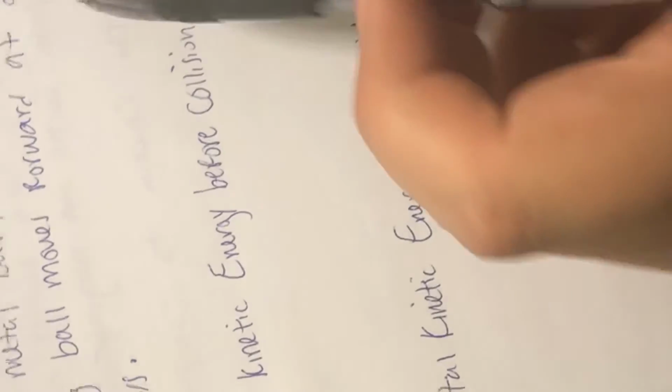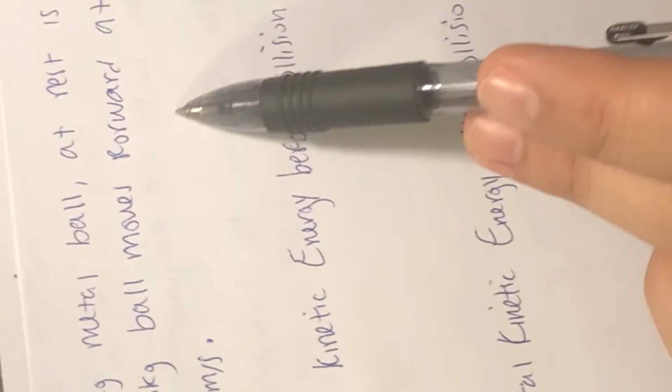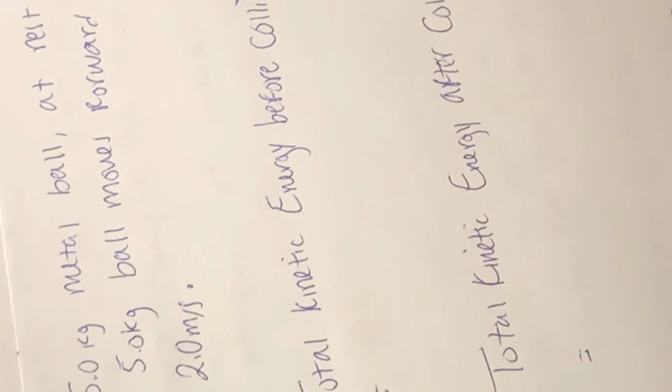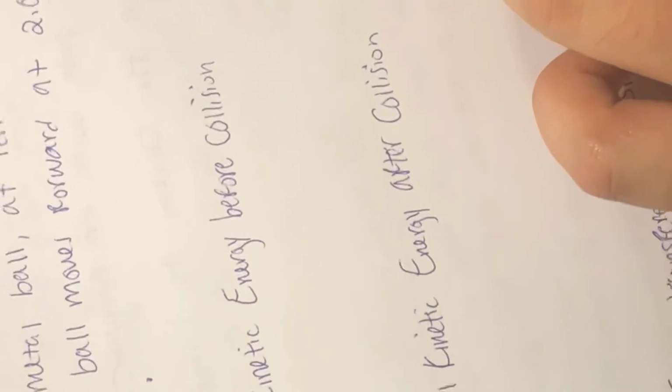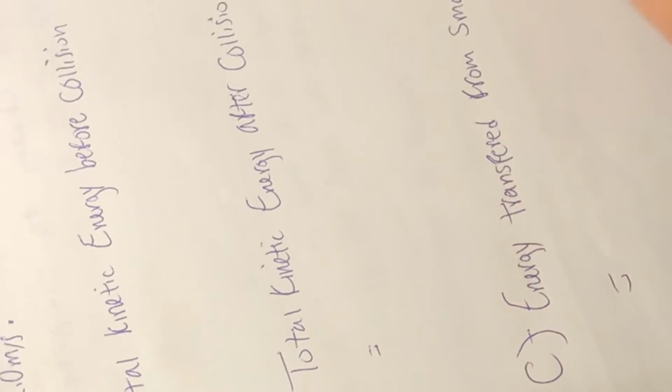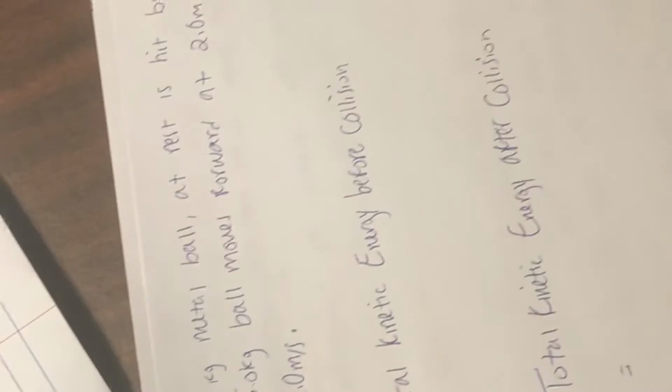A 5.0 kilogram metal ball at rest is hit by a 2.0 kilogram metal ball moving at 4.0 meters per second. The 5.0 kilogram ball moves forward at 2 meters per second, and the 2 kilogram ball bounces back at 2 meters per second. So question A is asking for the total kinetic energy. The formula for kinetic energy is 1/2 mass times velocity squared.